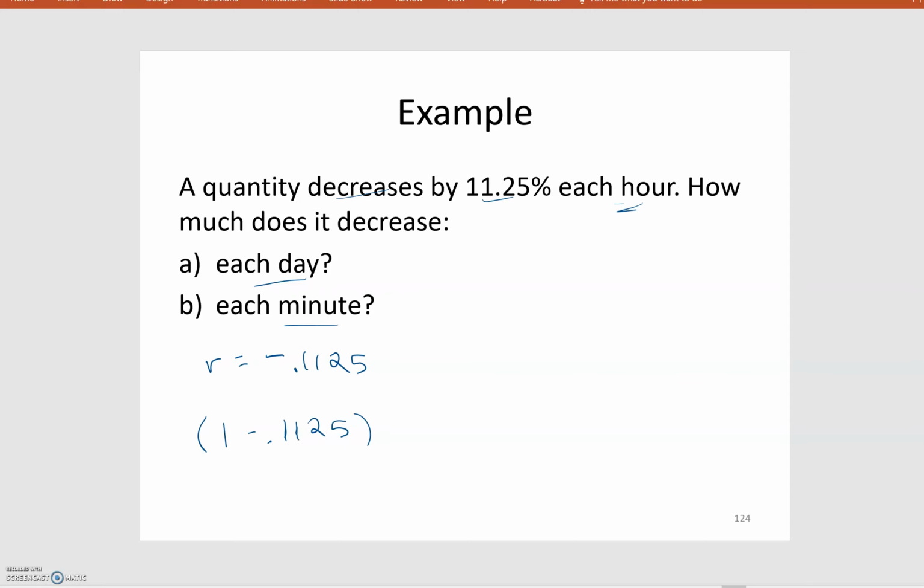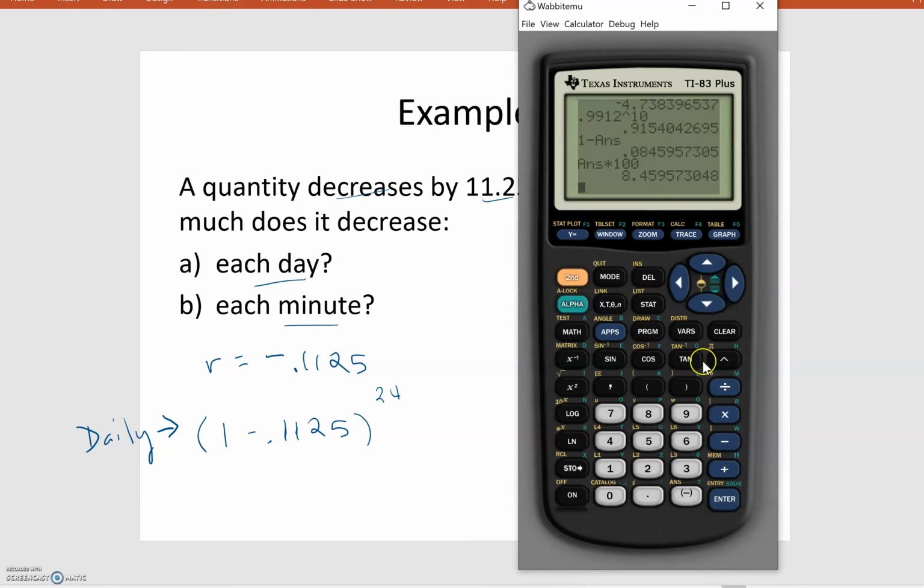So this is my hourly factor. If I want to go into days, I need to raise this to the 24th power because there are 24 hours in a day. And then we're going to compute this value. And remember, we're going to get a decay rate here. So if we get a negative growth rate, we need to make it positive.